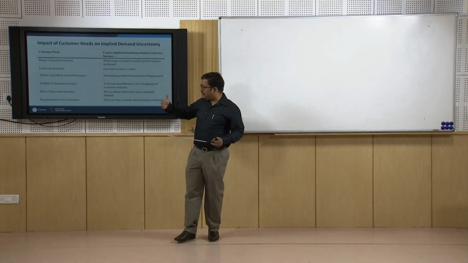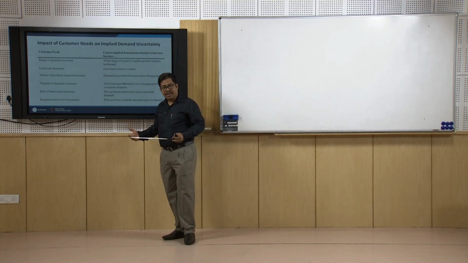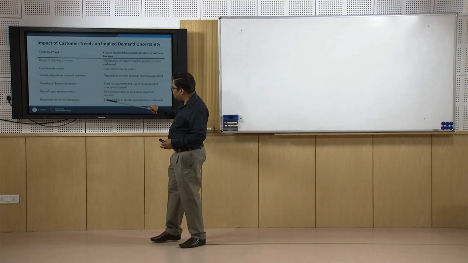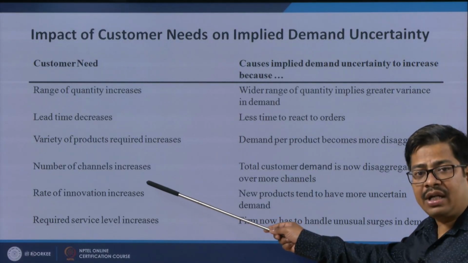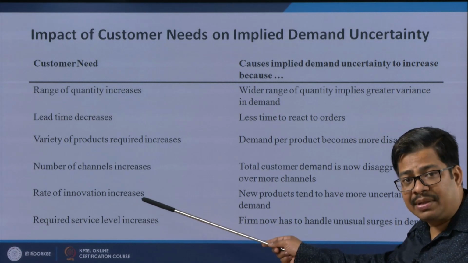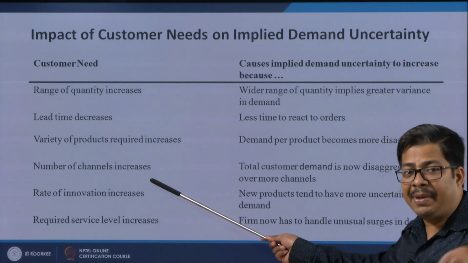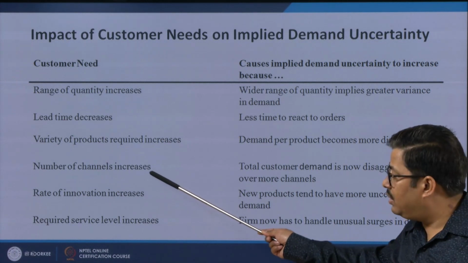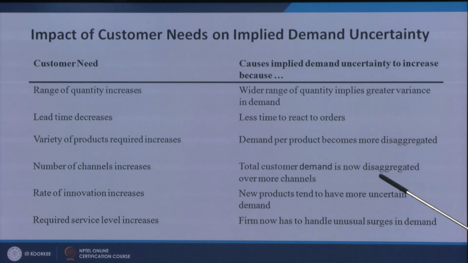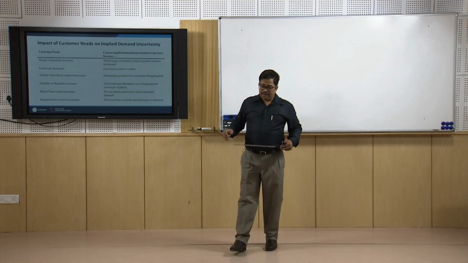So, the number of channels is continuously increasing, and customers have the option to go for different types of channels. So, these are also creating a type of pressure on the supply chain, that you need to manage the multiple channels which are available in the market. So, what is happening?